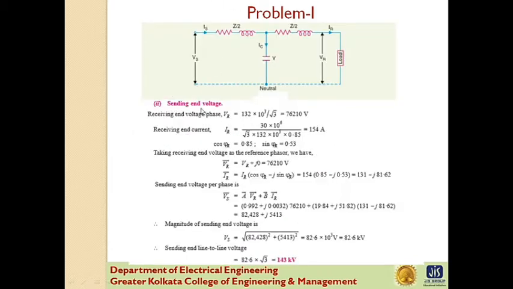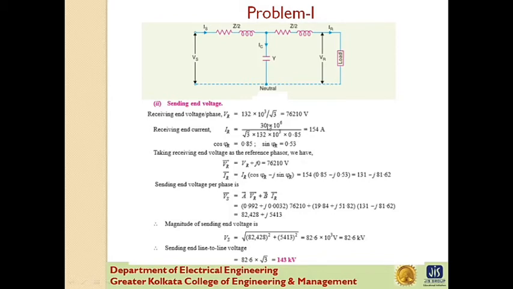Next is the sending end voltage. Now what is VR? VR is given as 132 kV line voltage. So first we convert 132 kV into volt by multiplying by 10 to the power 3, and then divide by root 3, because we have to determine the phase voltage, which is equal to 76210 volt. Now what is the formula for receiving end current? That is equal to power by root 3 VR cos phi r.